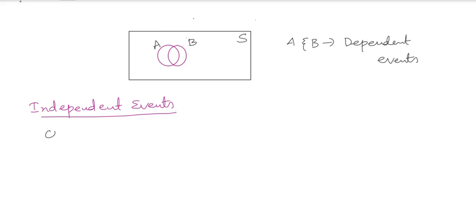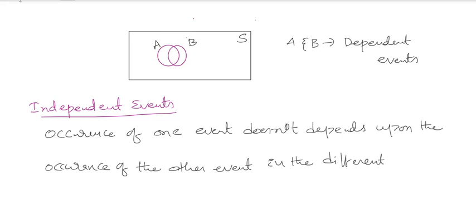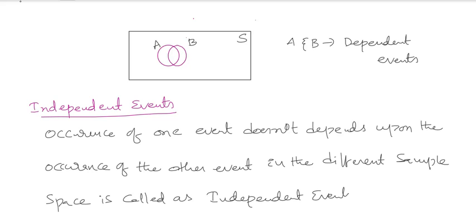So write down: occurrence of one event does not depend upon the occurrence of the other event in the different sample space is called as the independent events.